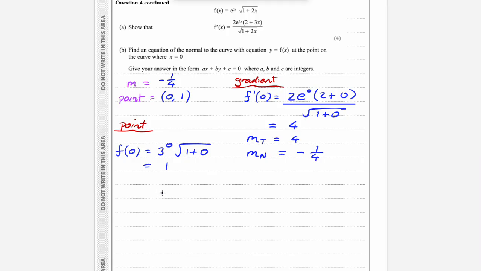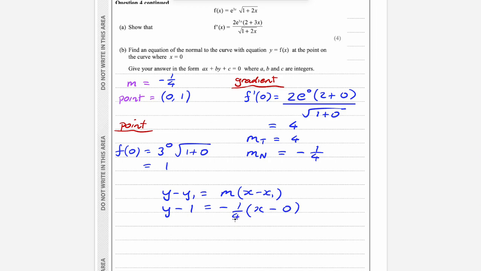So now I use the formula y minus y1 equals m into x minus x1. Y minus y1 is 1, it's this guy here, equals m, negative a quarter, into x minus x1, which is 0.